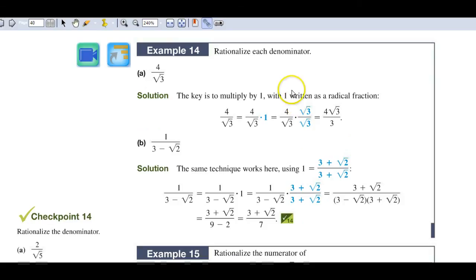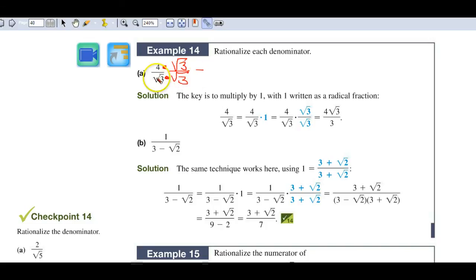Now they want us to rationalize denominators. So let's pick a number that will make this a 3, let's say. We can multiply this fraction by 1, and I'm going to use the square root of 3 over the square root of 3.